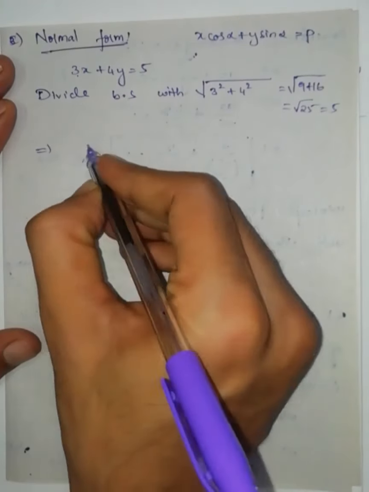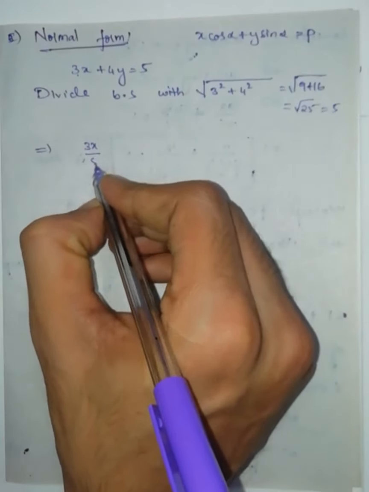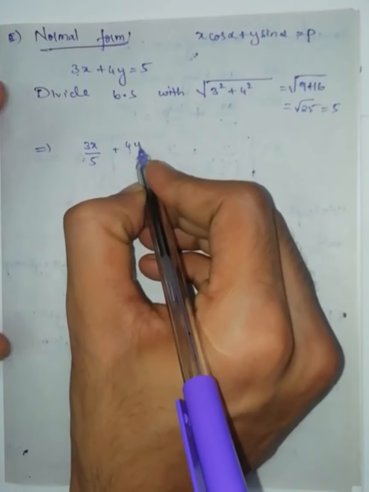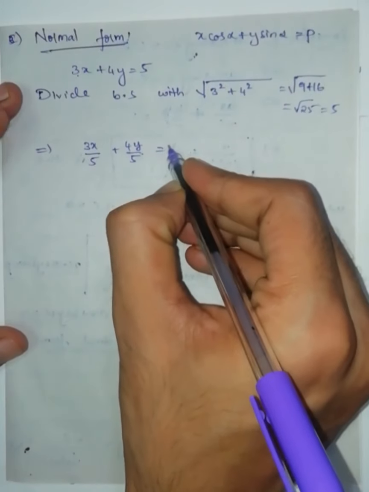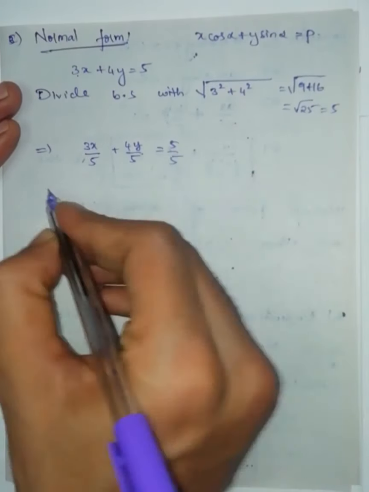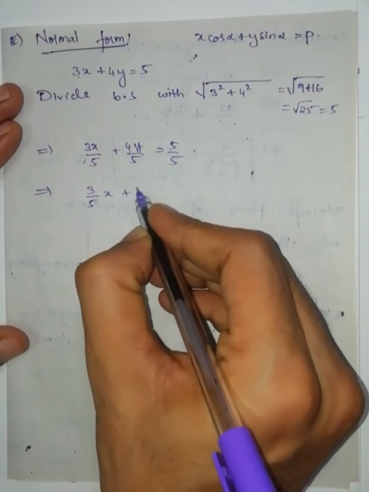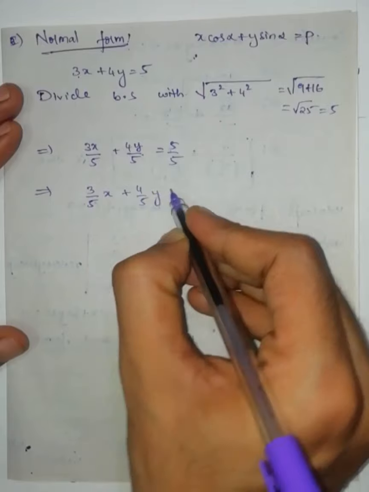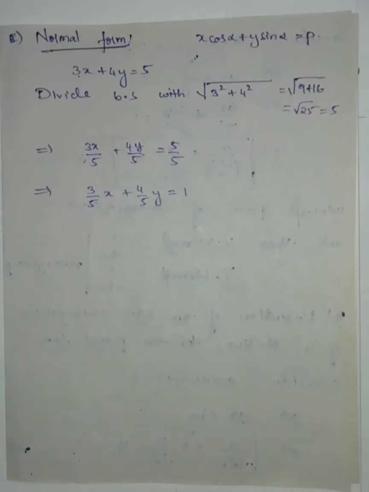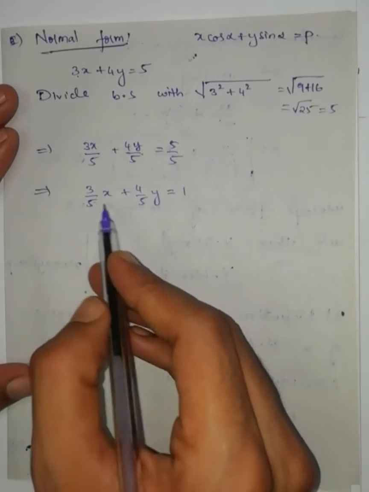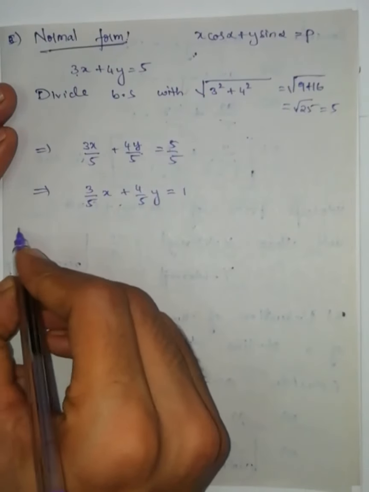So this becomes 3x by 5 plus 4y by 5 is equal to 5 by 5. This implies 3 by 5 x plus 4 by 5 y is equal to 1.